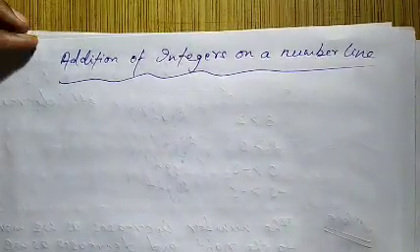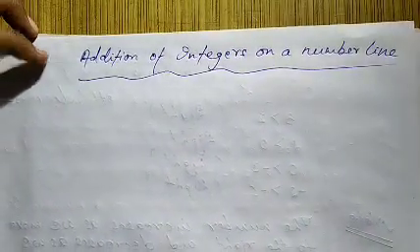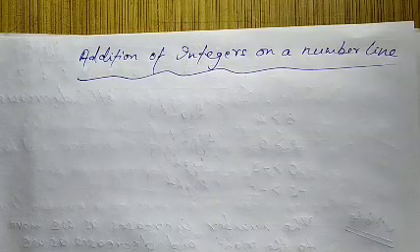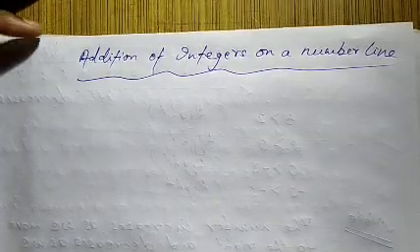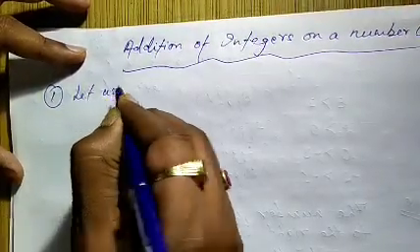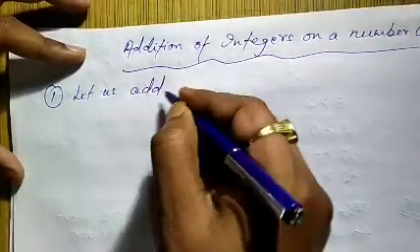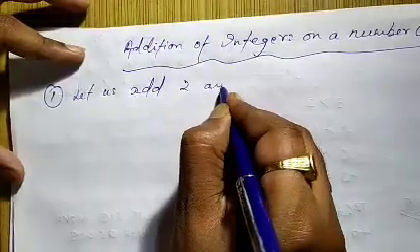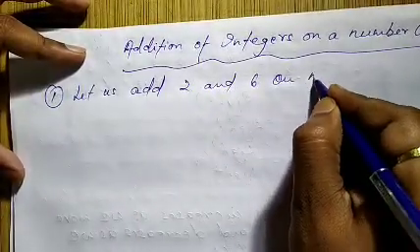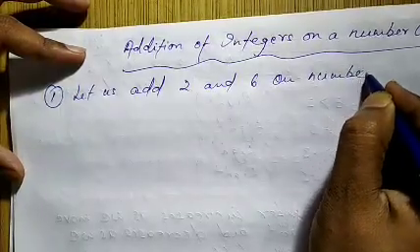Okay, now see, let us take one example. Let us add 2 and 6 on the number line.